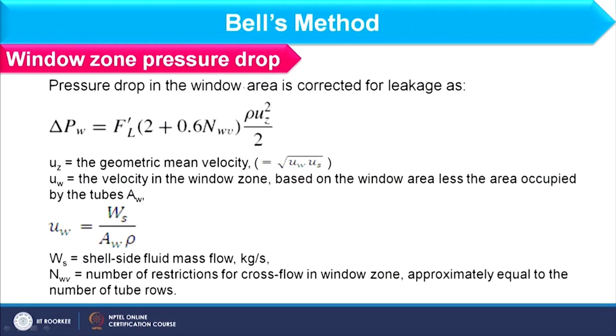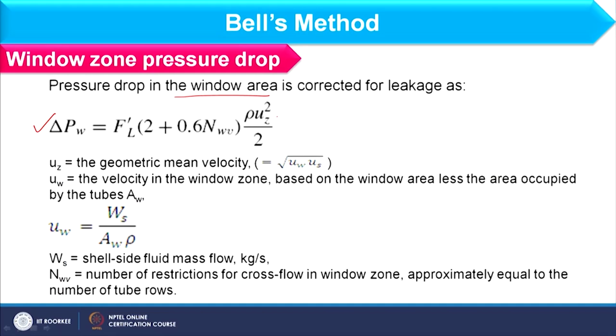When we focus on pressure drop in the window zone, the expression is delta PW equal to FL dash times (2 plus 0.6 NW) times V rho UZ square by 2, right.